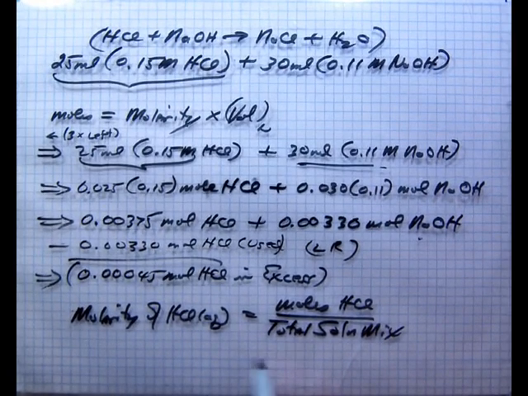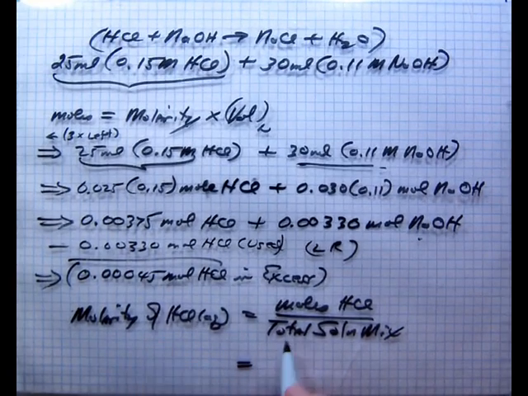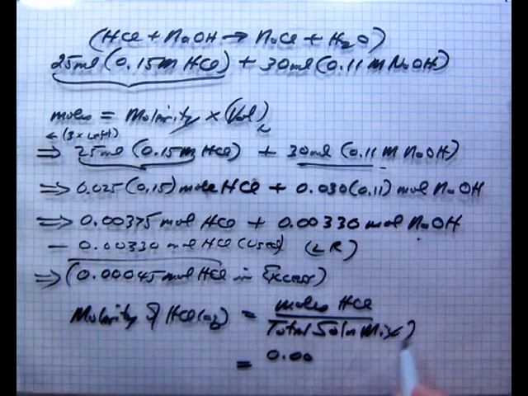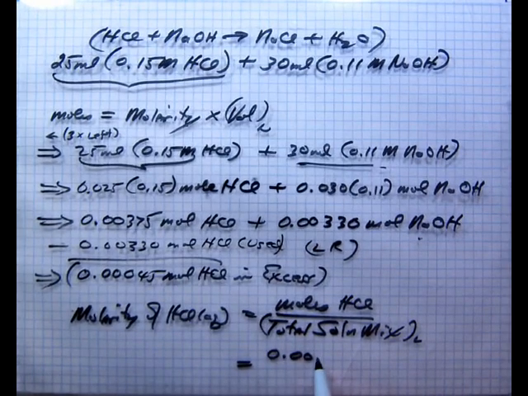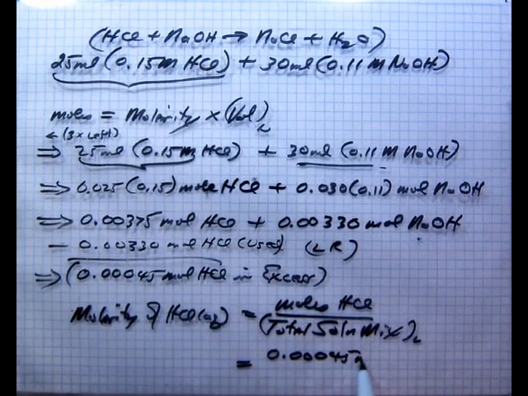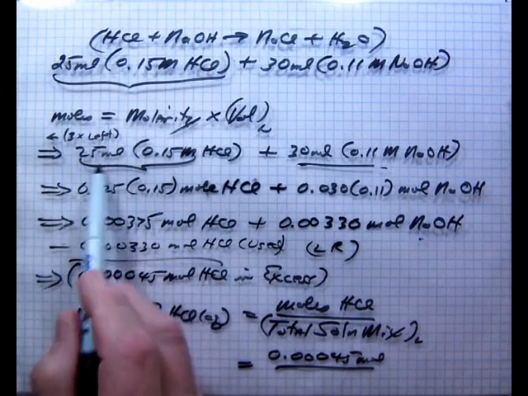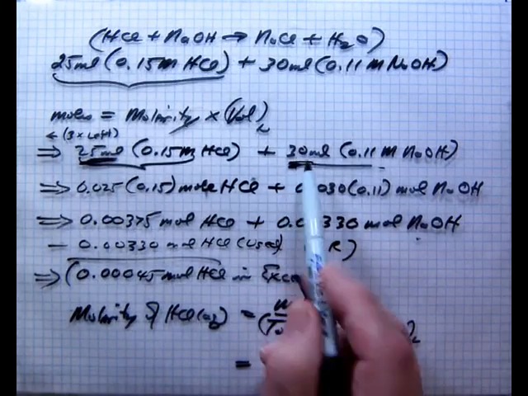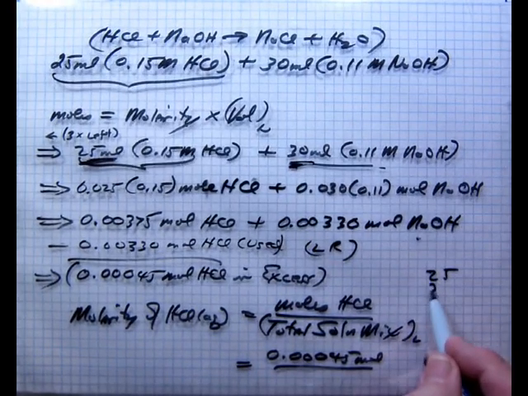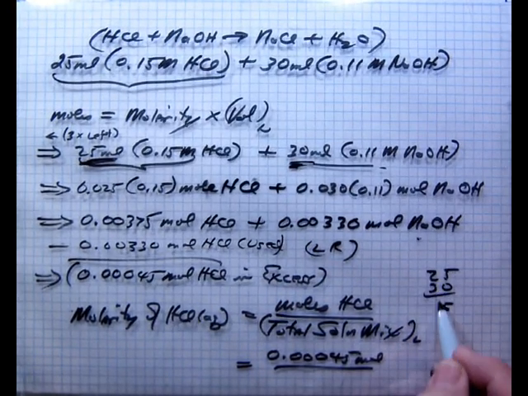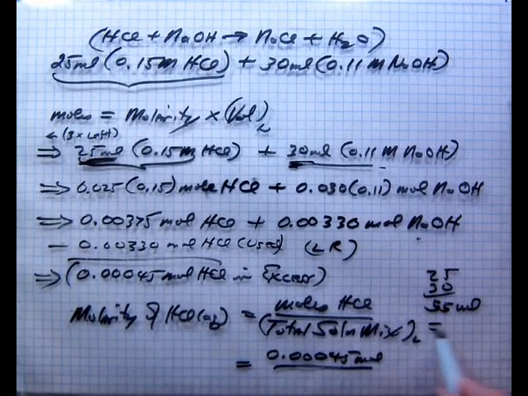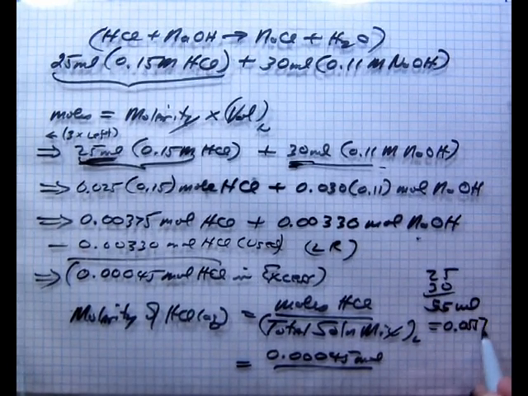So I'll take 0.0045 mole of HCl divided by, we mixed 25 and 30, so 55 milliliters, which is of course 0.055 liters.